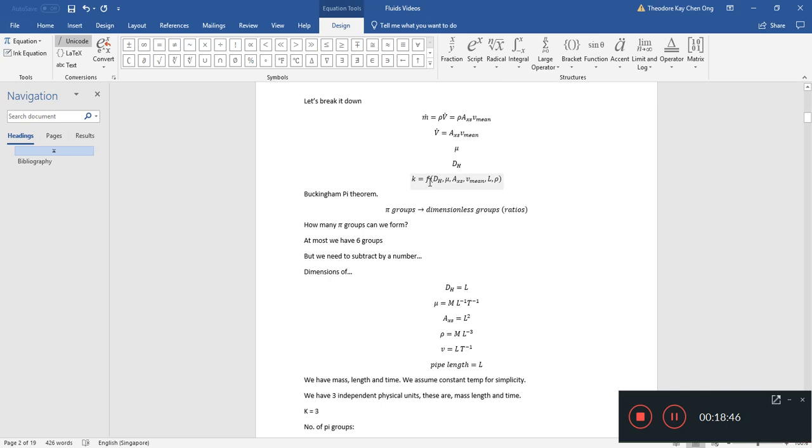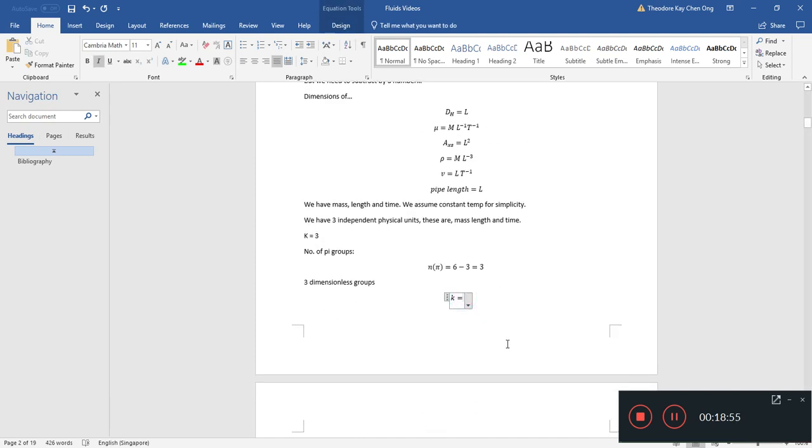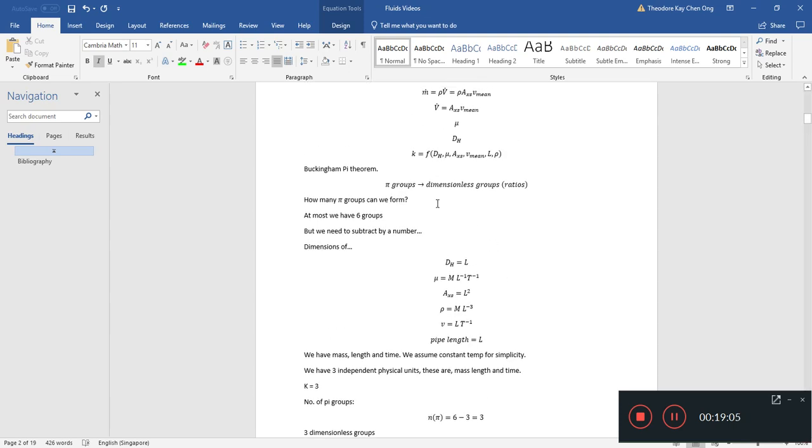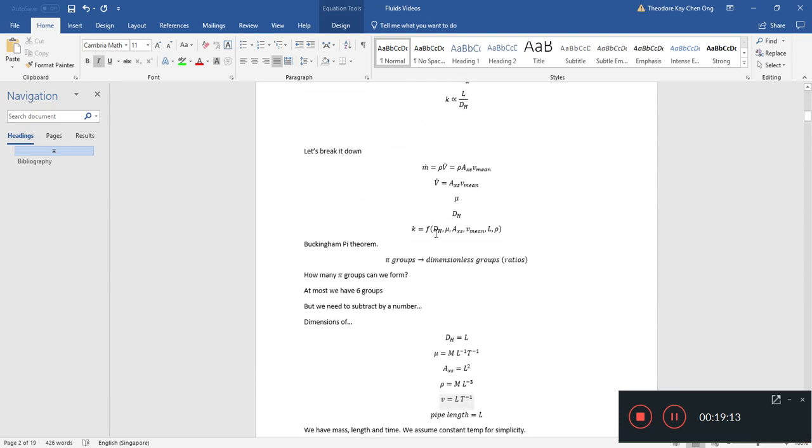So we have all of these here, right? So we can find how these are grouped together. Let's write it like that. d_h to the power a. What's the next one? Mu to the power b. What's the next one?